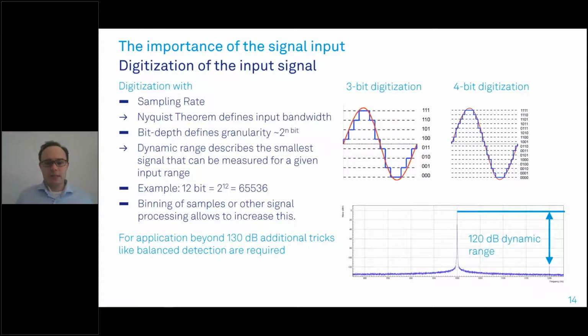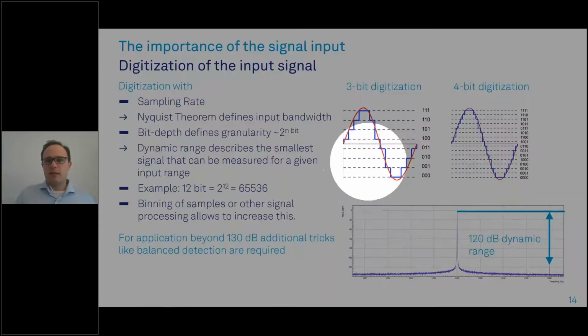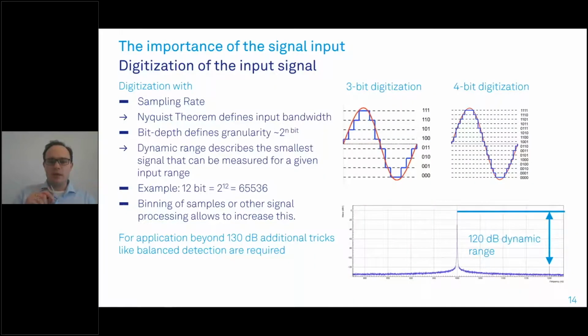First, it digitizes the signal, with a sampling rate which, via the Nyquist theorem, defines the maximum input bandwidth. It defines how fast we digitize the signal.